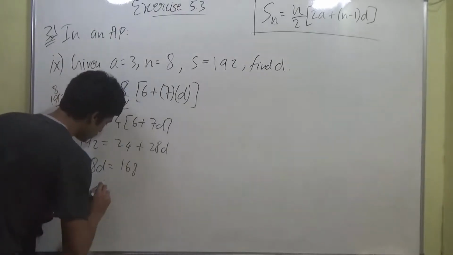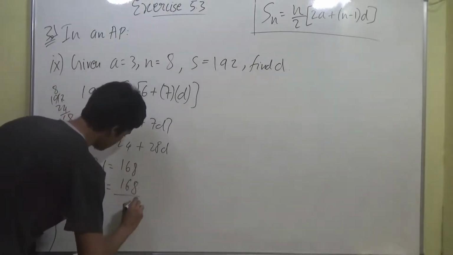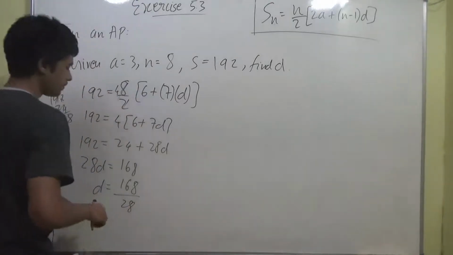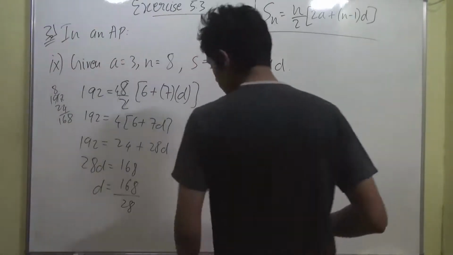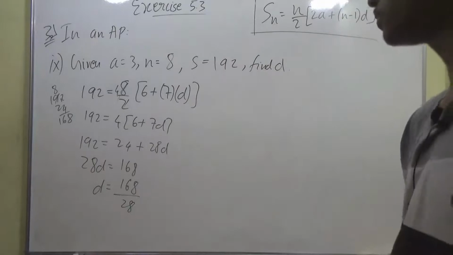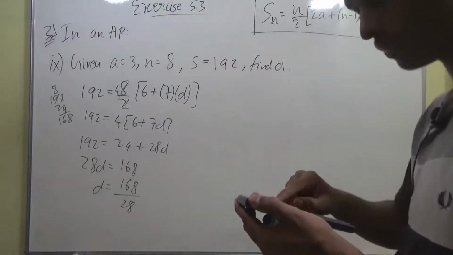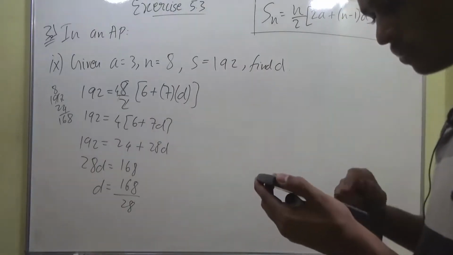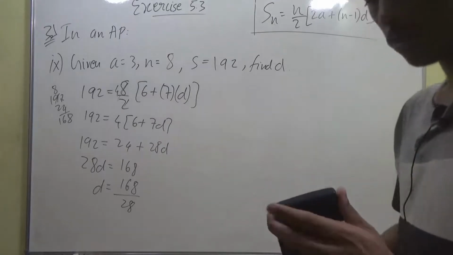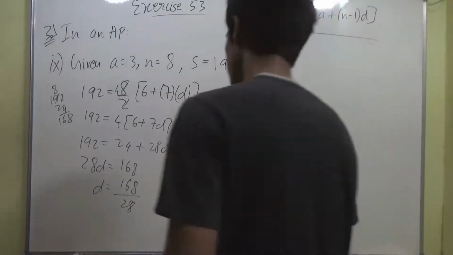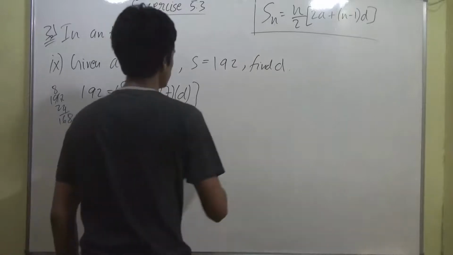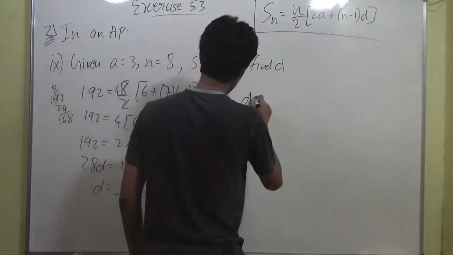So d will become equal to 168 divided by 28, right? So 168 by 28 is equal to how much? 6. So finally, therefore, d equal to 6.